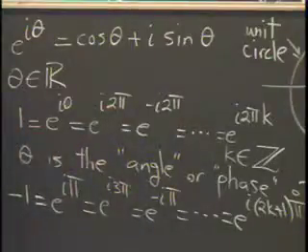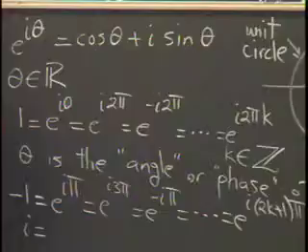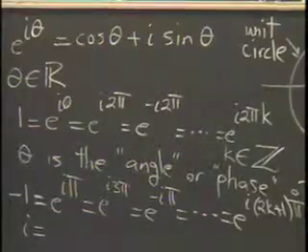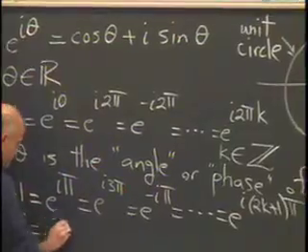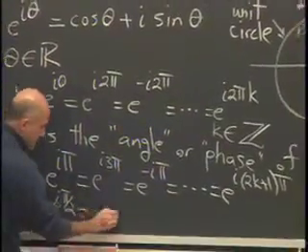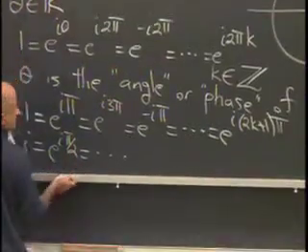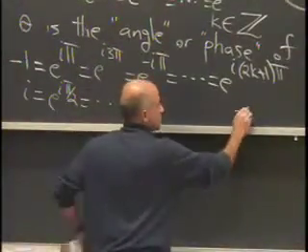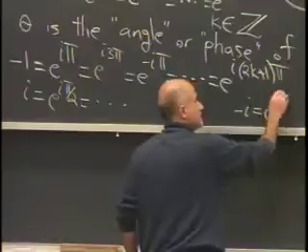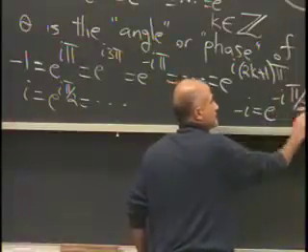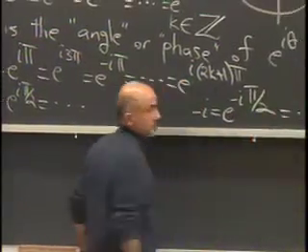Okay. What about I? E to the I pi over 2 and its equivalents. And minus I will be e to the minus I pi over 2 and its equivalents.